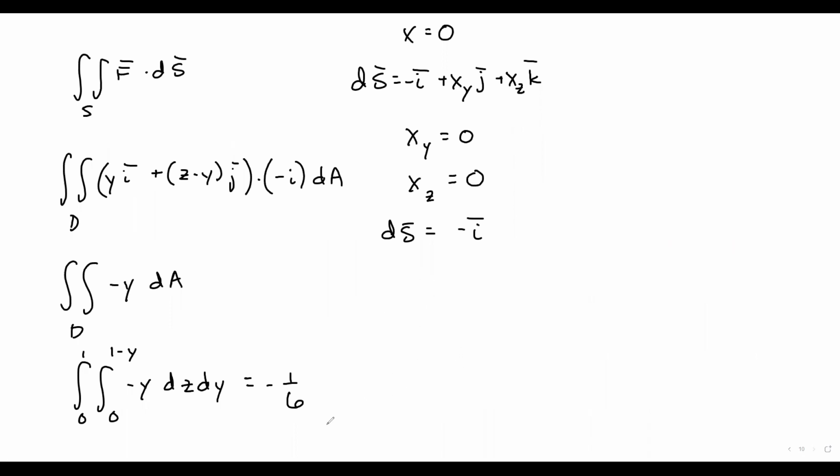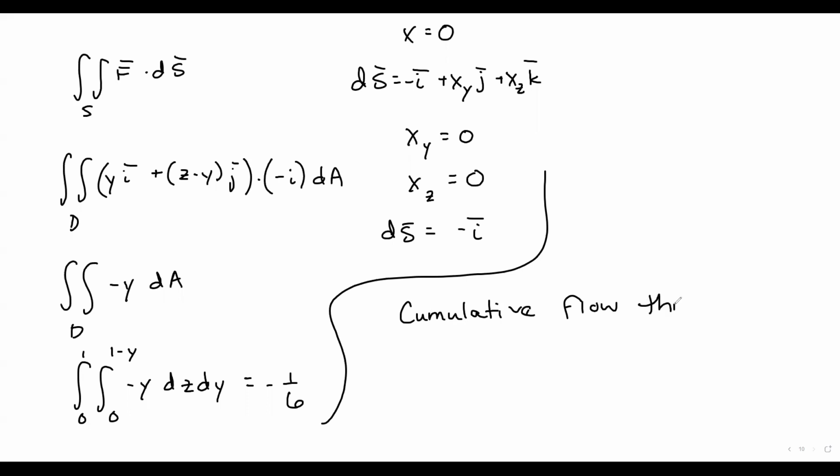Once we have all of the flows together, we can just combine them. So to get the cumulative flow through the surface, we just combine them. All right. So what was the first one we got?